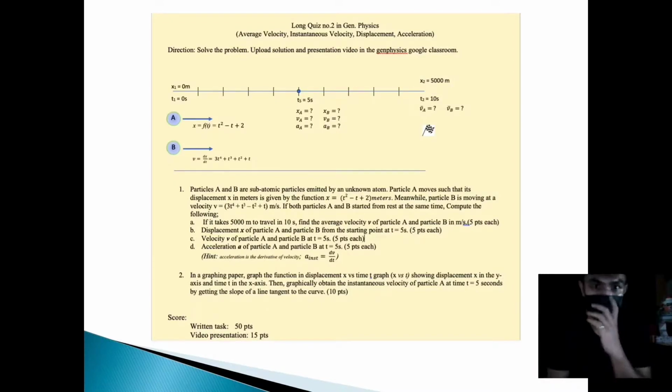This 5,000 meters is actually not part of the graph, even if we substitute it to any of the displacement formulas. It's just theoretical, and it's only applicable for letter A. Okay, so now let's proceed to the given.